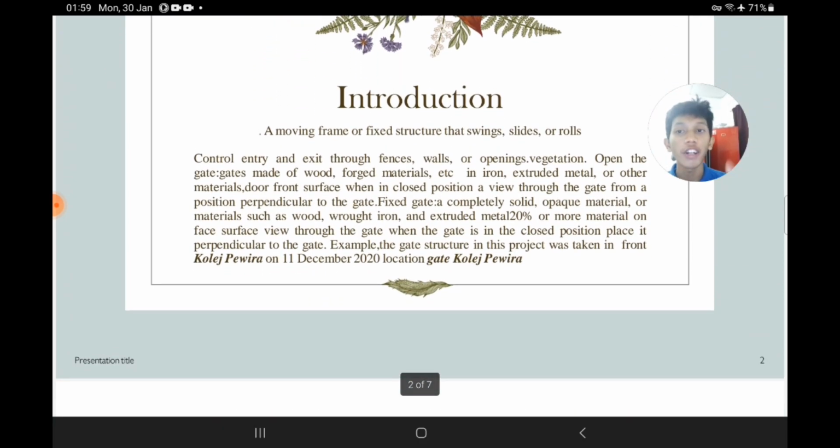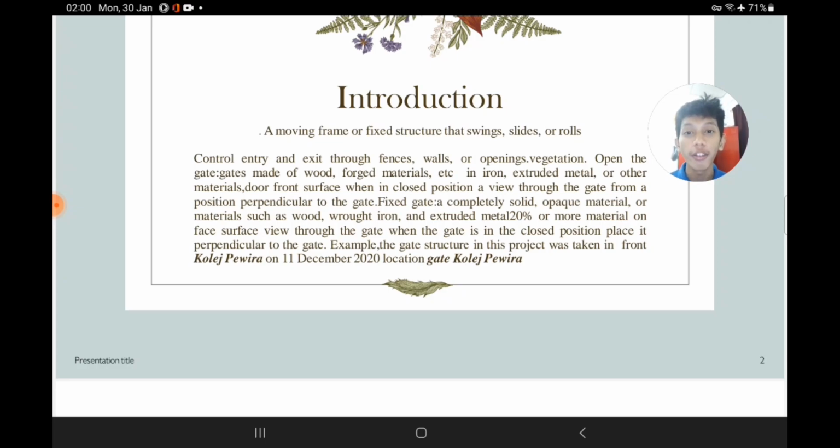So the introduction: a gate is a moving frame or fixed structure that swings, slides, and rolls. It controls entry and exit through fences, walls, or openings. Gates are made from wood, wrought iron, extruded metal, or other material.